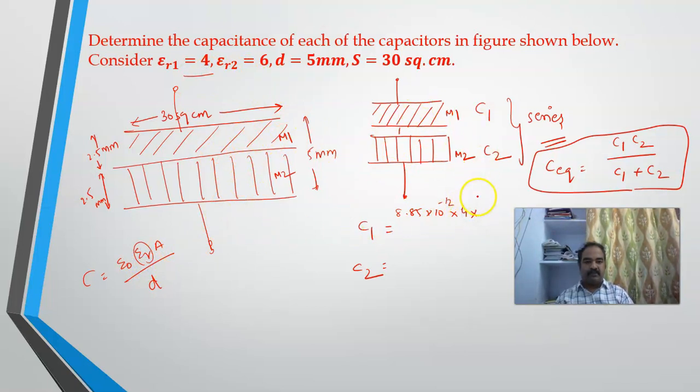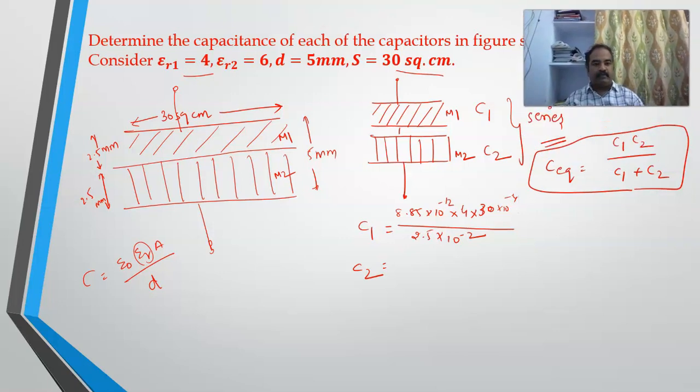The area is 30 square centimeters, which means 30 into 10 to the power of minus 4, divided by the separation, which is 2.5 millimeters, so 2.5 into 10 to the power of minus 3. This is the value for C1.